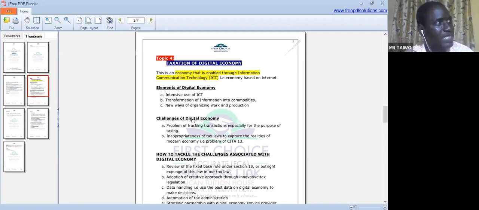That's an economy that is driven by IT. It means that if all business transactions in an organization or in a country are premised on the use of IT and so on, they say that economy is digitalized.